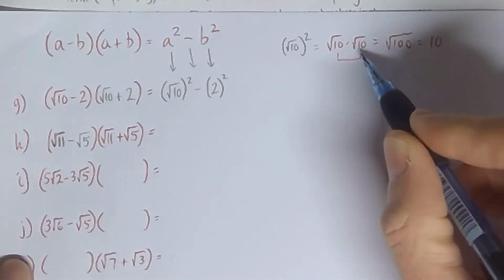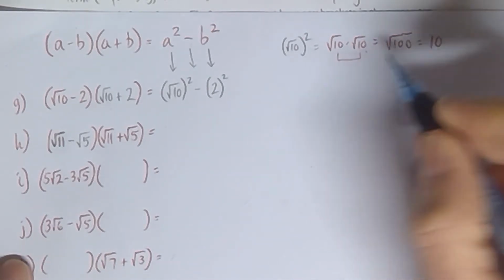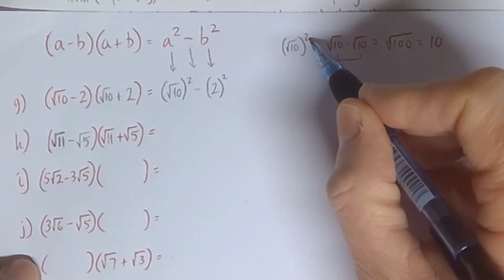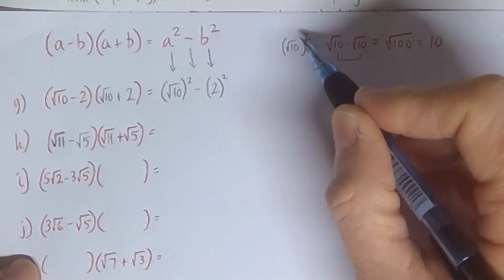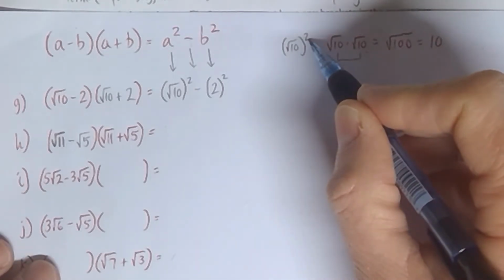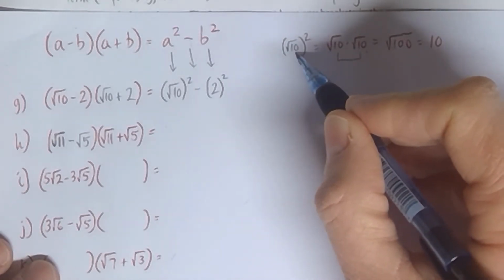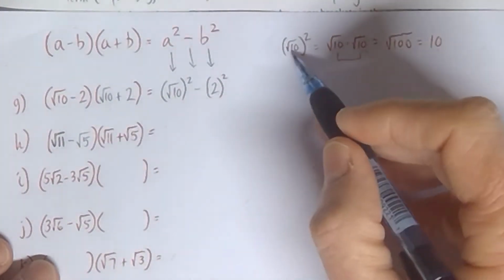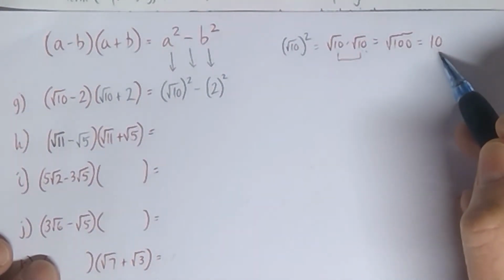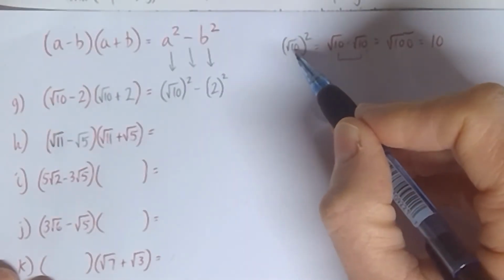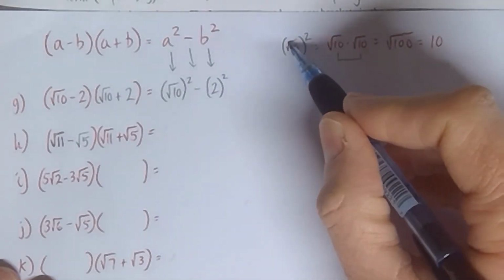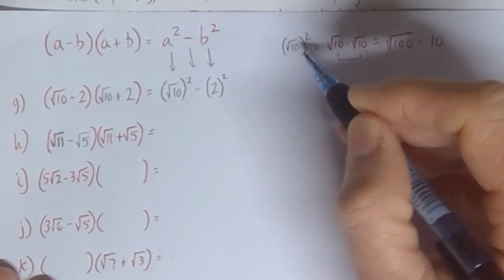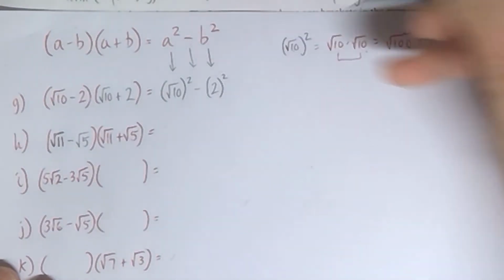So what's the shortcut? Instead of having to write all this out every time, when you square a square root, not a cube root or a fourth root, but when you square a square root, essentially the square root disappears and you just get the number on the inside. You can see that here. This proves it. Just so long as that is not a negative underneath there, because you can't square something that isn't even a real number to begin with.